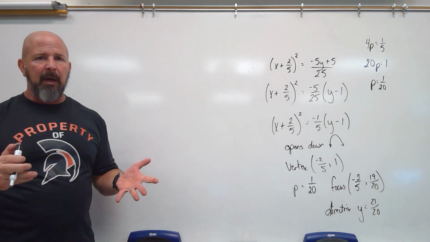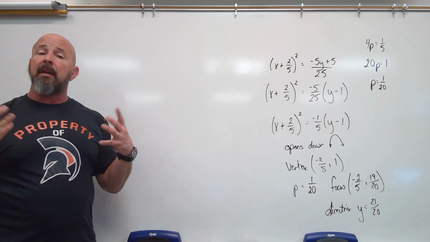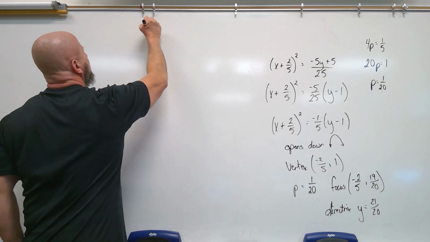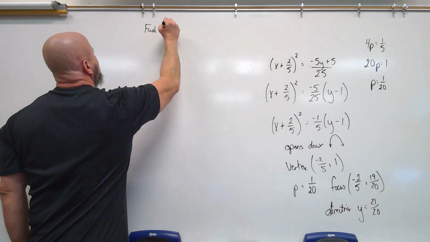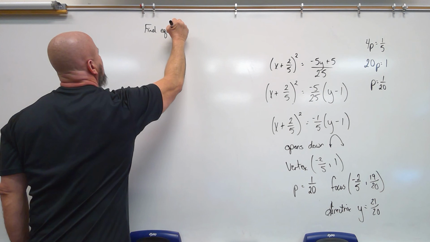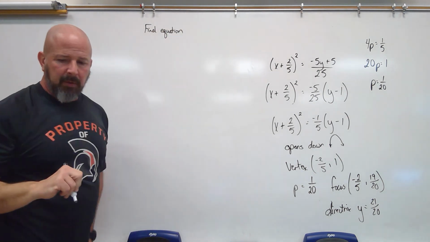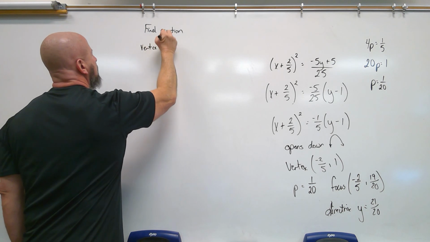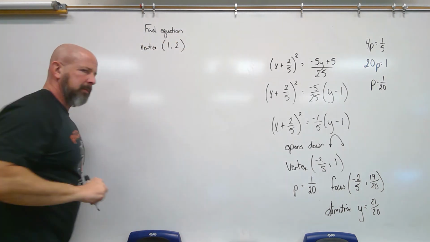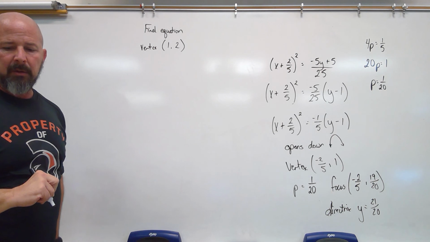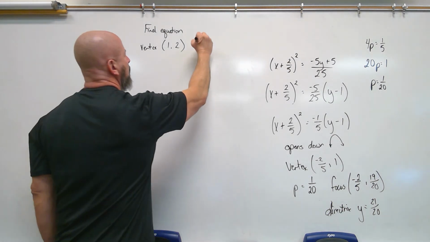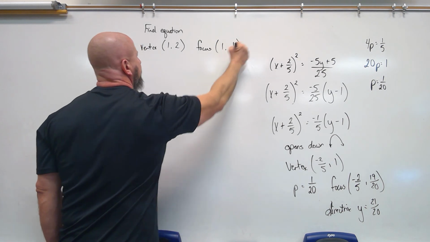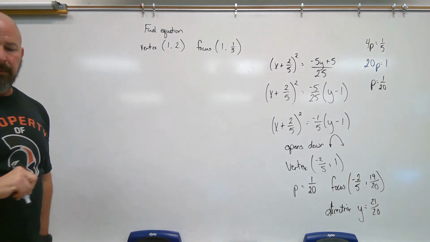All right. Let's look at the other way around where we need to get an equation for, say, a parabola. So I'm going to say, find the equation, and we're still in a parabola. This time the vertex is (1, 2). I've got a vertex at (1, 2), and a focus at (1, 1/3).